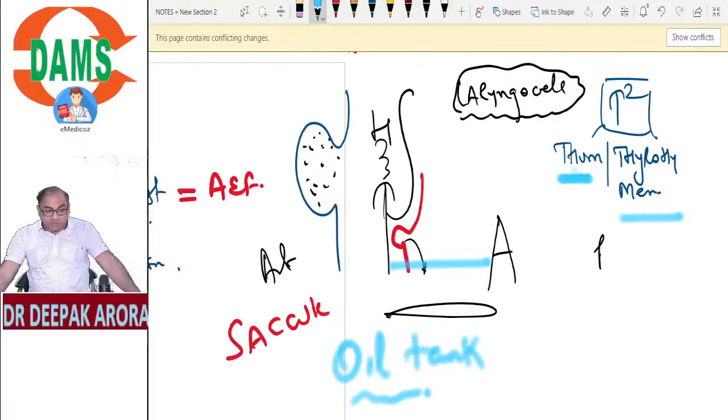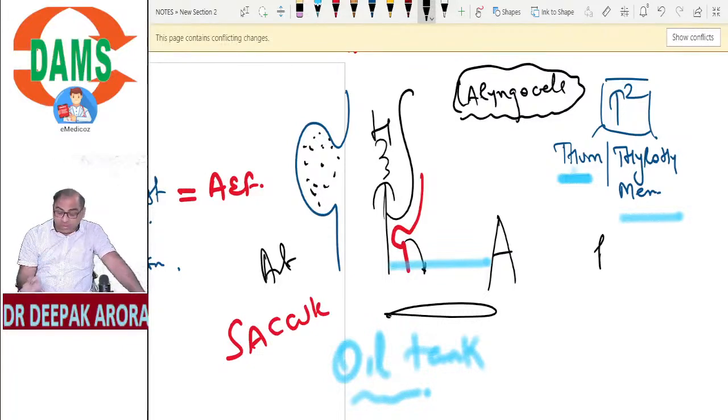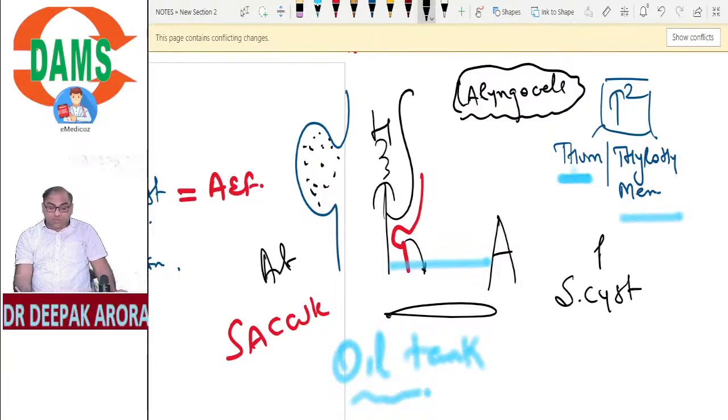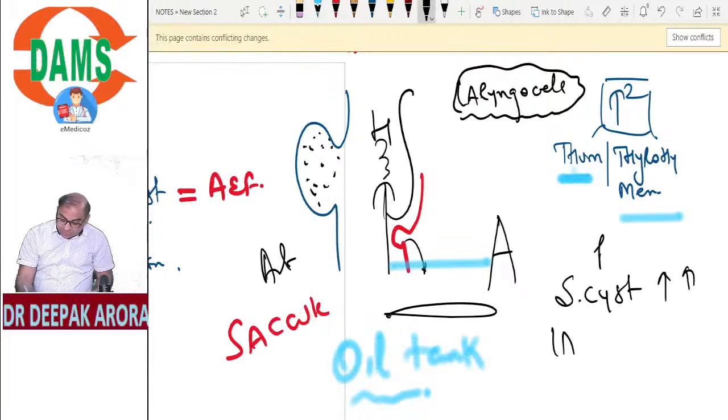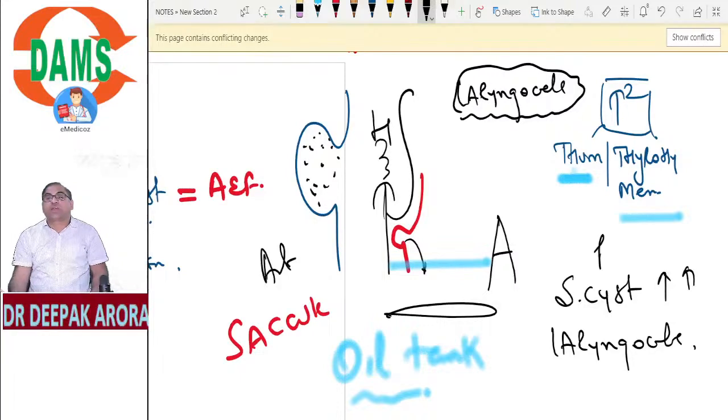We use the word oil tank of the larynx for saccule. Now this saccule is blocked. When this saccule is blocked, it is converted to a saccular cyst. And if the size of the cyst goes on increasing, we call it laryngocele. I hope you are getting my point, beta.